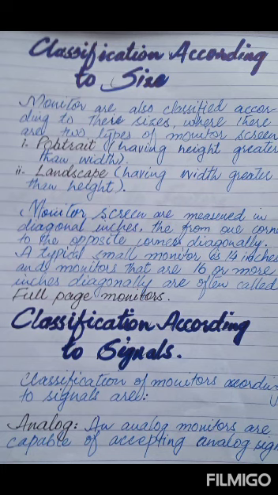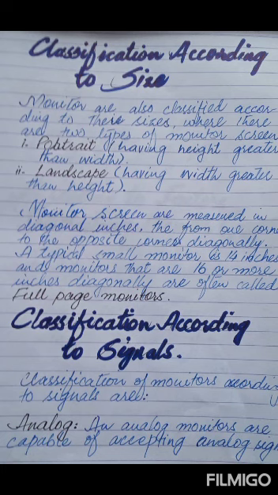Next, monitor screens are measured in diagonal inches, from one corner to the opposite corner diagonally. A typical small monitor is 14 inches, and monitors that are 16 or more inches diagonally are often called full page monitors.